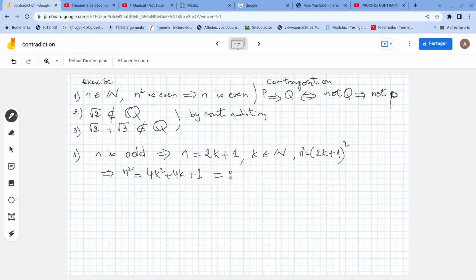I factor by 2, which equals 2 times (2k squared plus 2k) plus 1. I can write this as 2 times k prime plus 1, where k prime is an integer, because k prime, 2k squared plus 2k, is the sum of two positive integers.